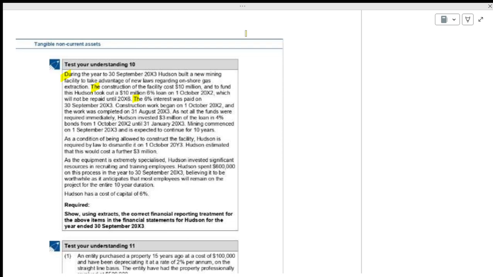During the year to 30th September 2003, they built a new mining facility. The construction cost 10 million, and to fund it, they took the loan on 1st October 2002.